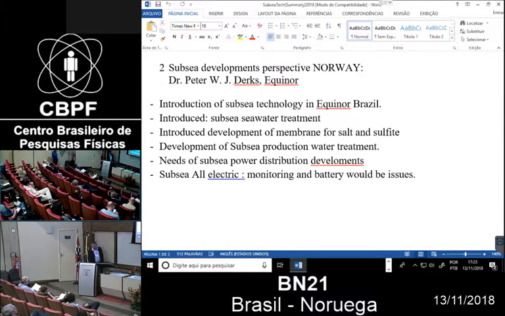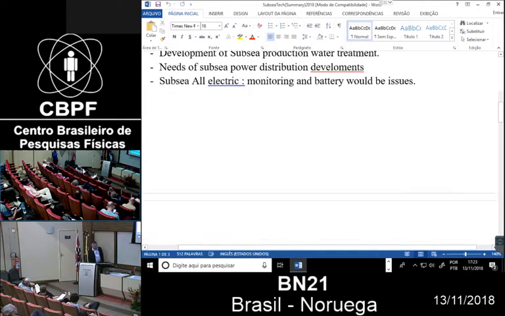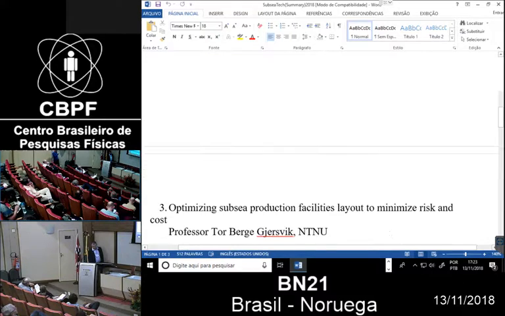Introduced development of membrane for salt and sulfide removal, and needs for subsea power distribution developments, and also subsea all-electric monitoring, and battery is a specific issue.